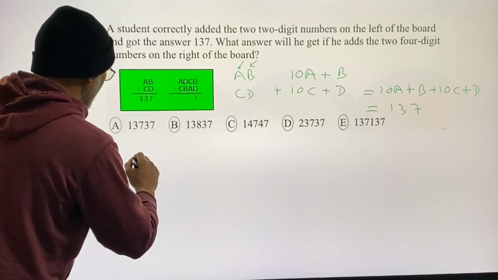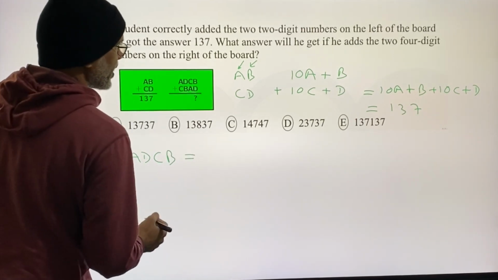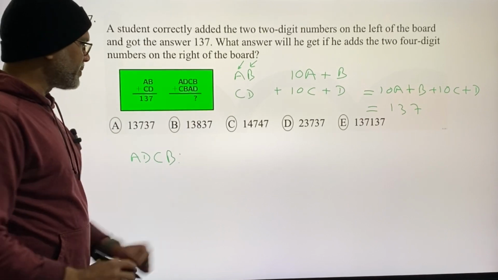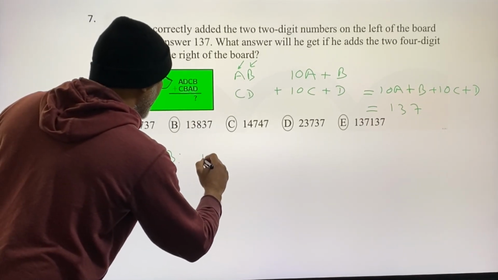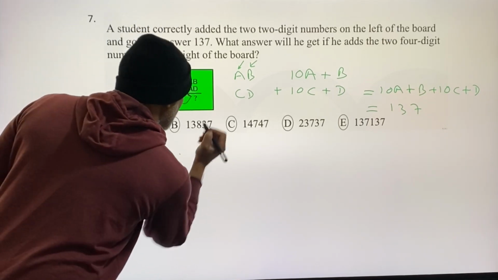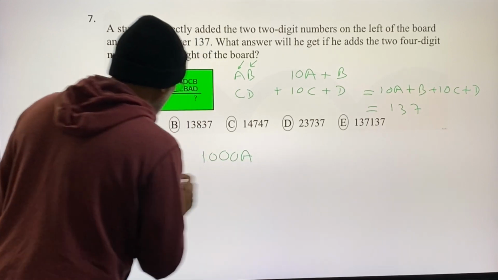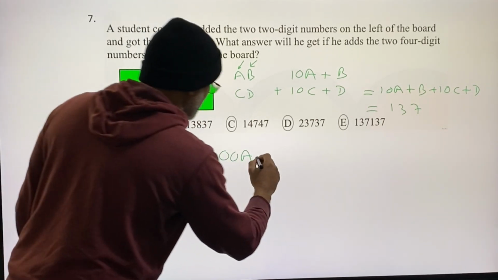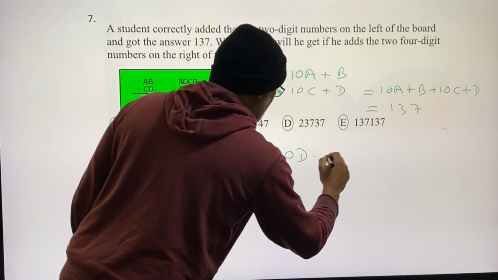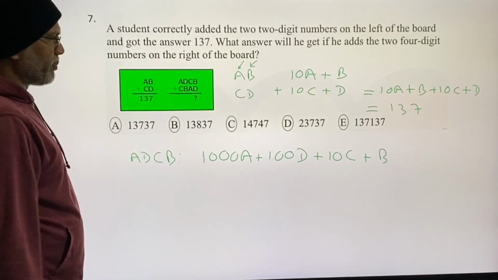ADCB: A is at the thousands place, so it's going to be 1000A. D is at the hundreds place, so 100D. C is at the tens place, so 10C, plus B is at the unit place.